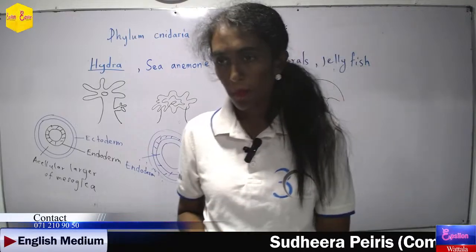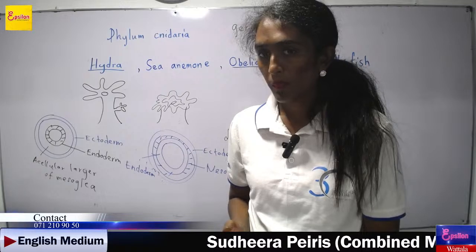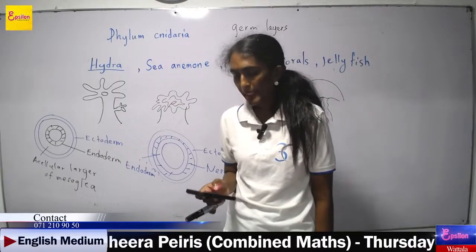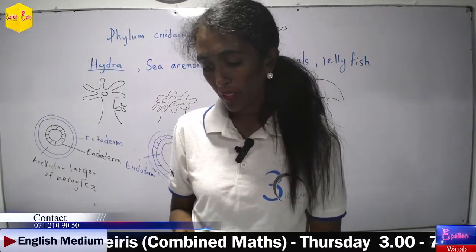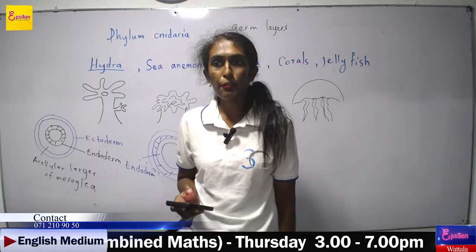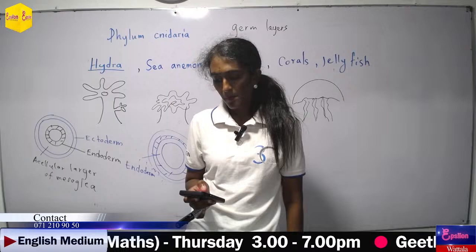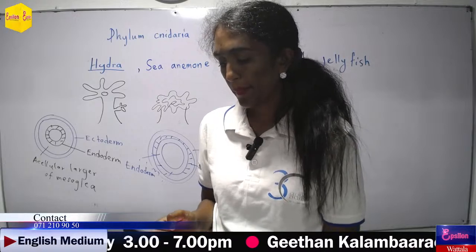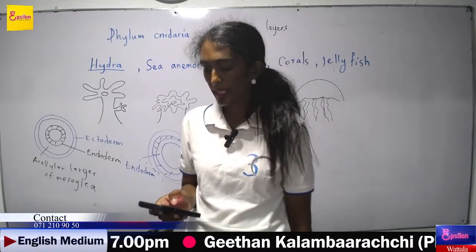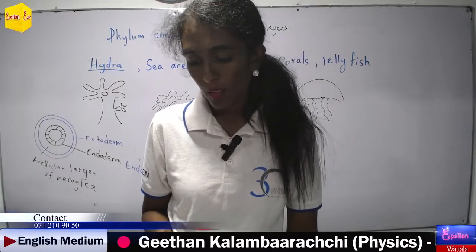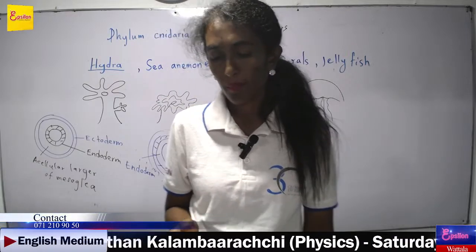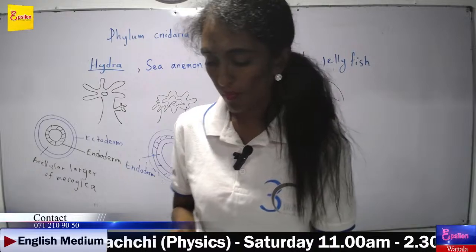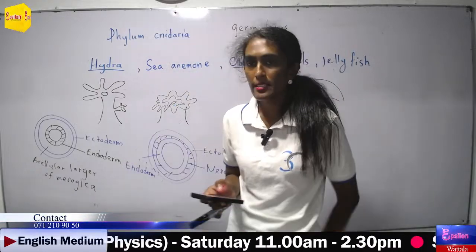Alright. Next one. Pentaradial symmetry right there. A type of radial symmetry in which body parts are organized around the central axis in sets of 5.